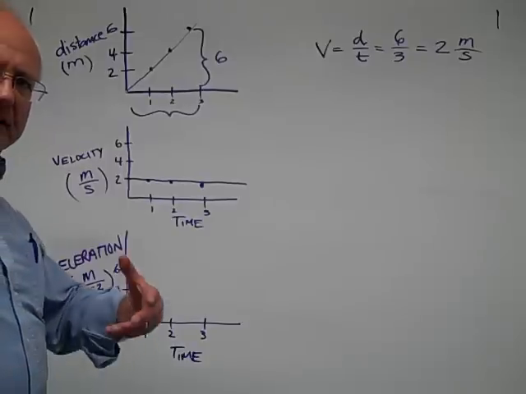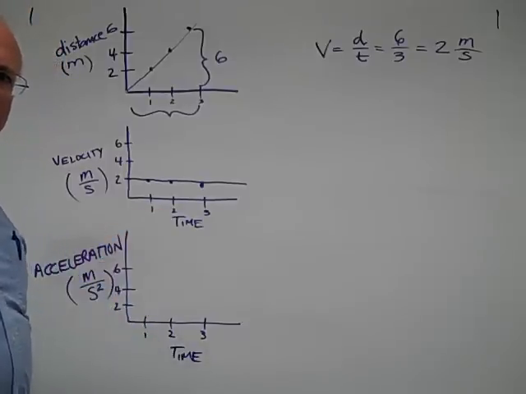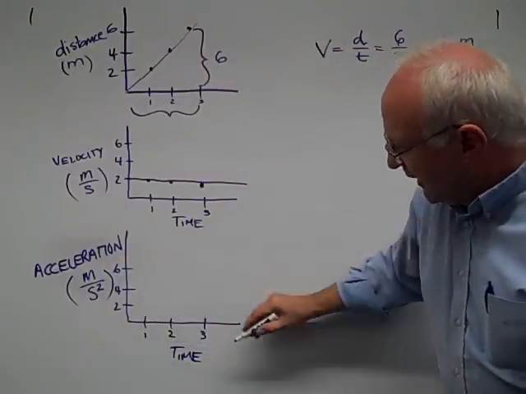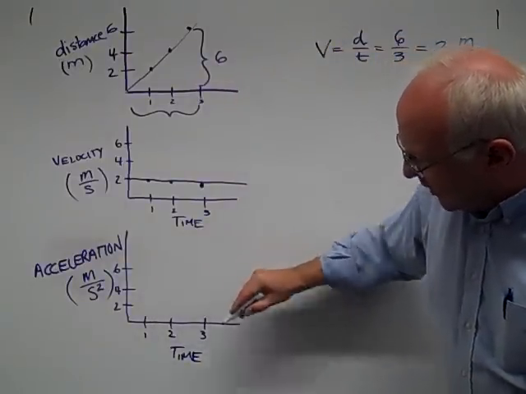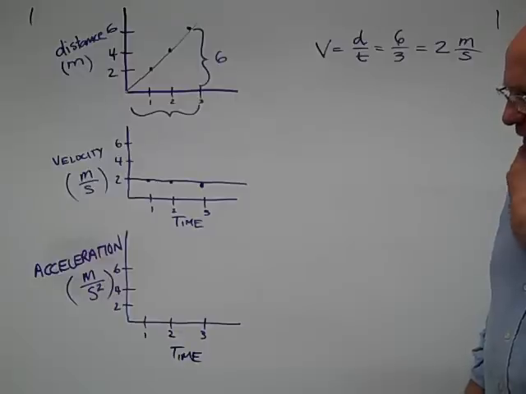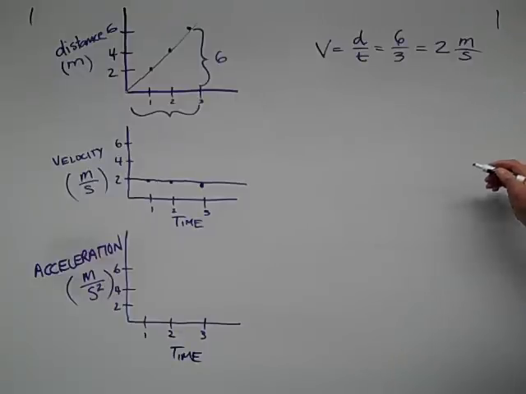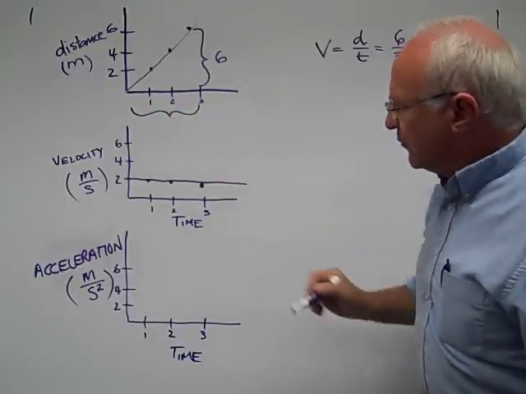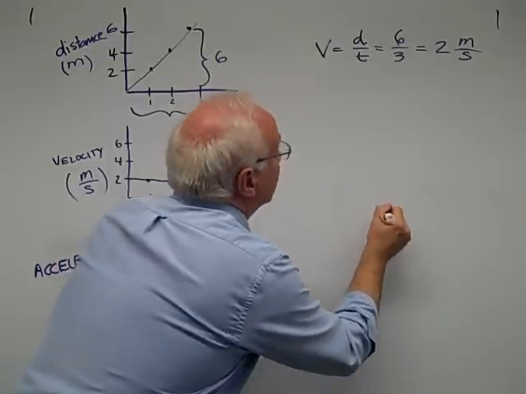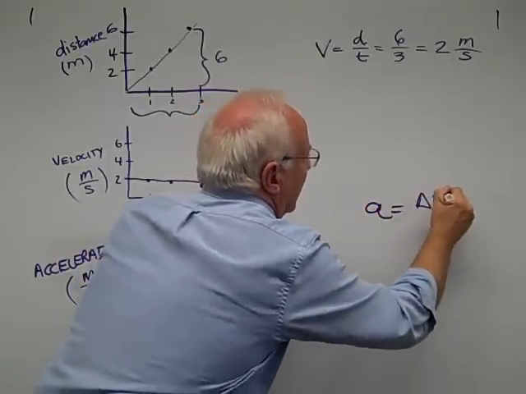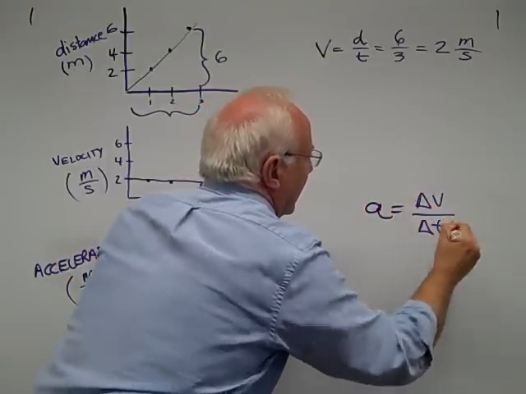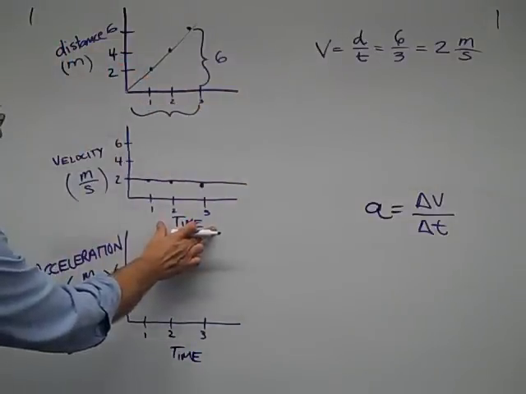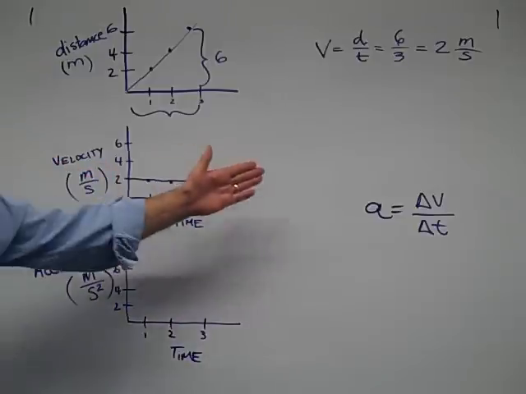Suppose now I'm interested in just acceleration. Well, how much is it accelerating at 1 second? And how much is it accelerating at 2 seconds? And how much is it accelerating at 3 seconds? Well, if I were to see how much the velocity changed, because remember, acceleration equals change in velocity over change in time, I notice that it doesn't change.